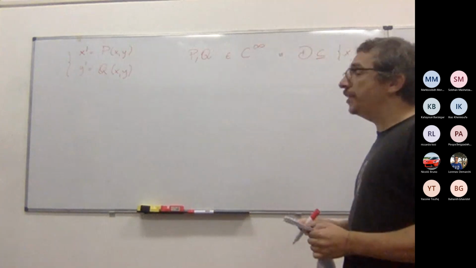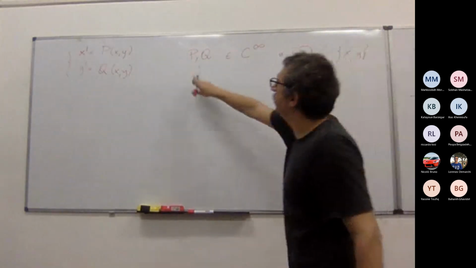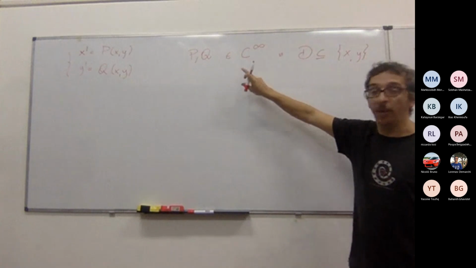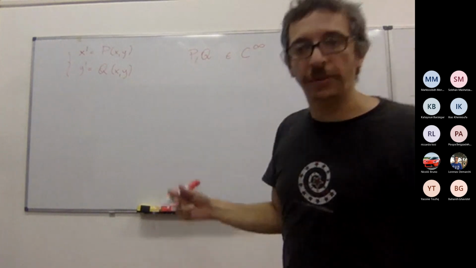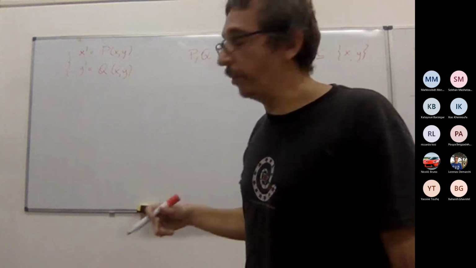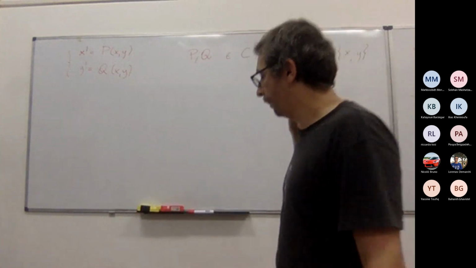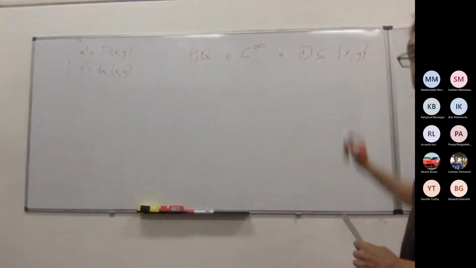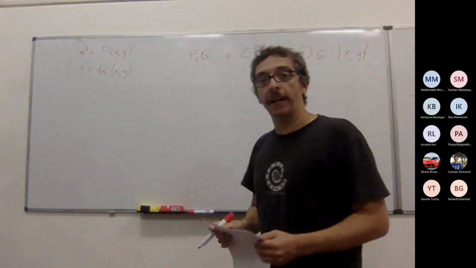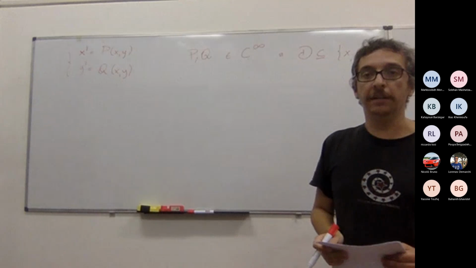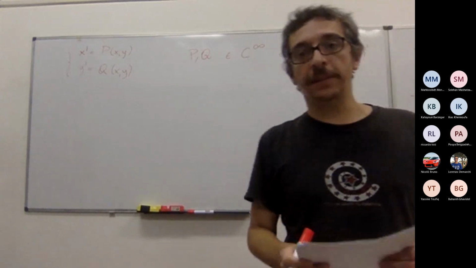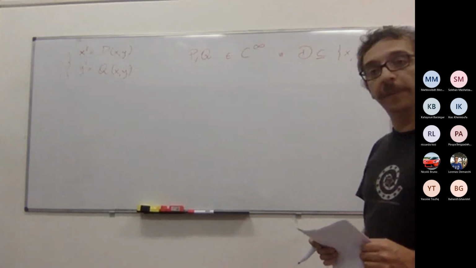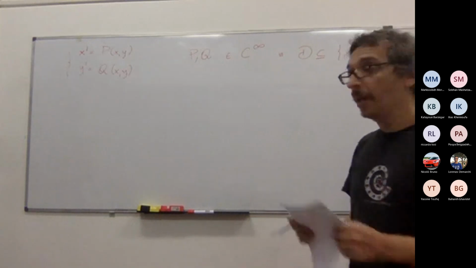Under these assumptions, that P and Q are of class C infinity, so continuous with partial derivatives continuous at any order, we can claim the theorem of existence and uniqueness of the solution of the initial value problem. What does it mean?